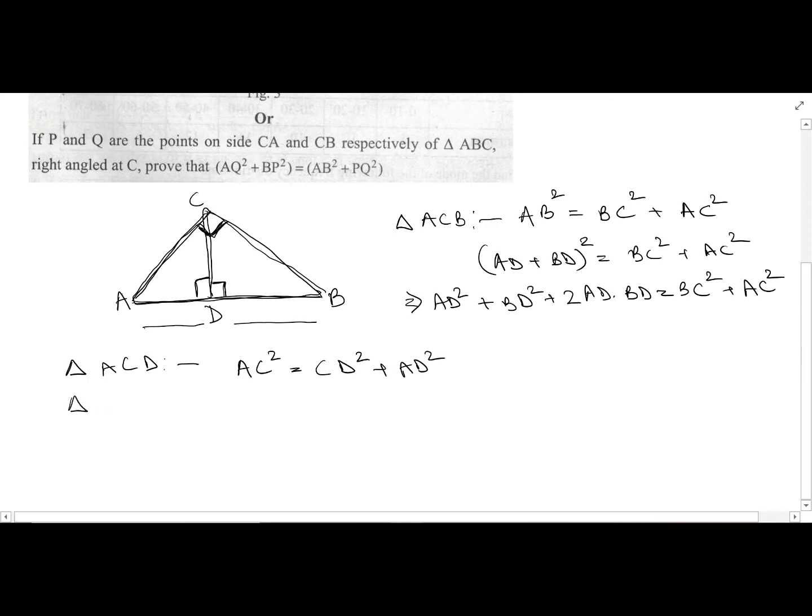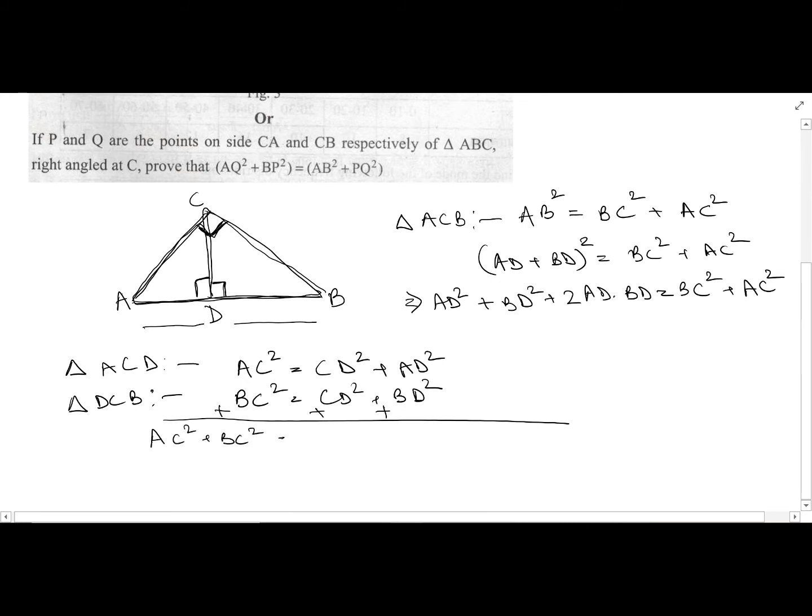And similarly in triangle DCB, BC square is equal to CD square plus BD square. Let's add the two. AC square plus BC square is equal to 2 CD square plus BD square plus AD square.